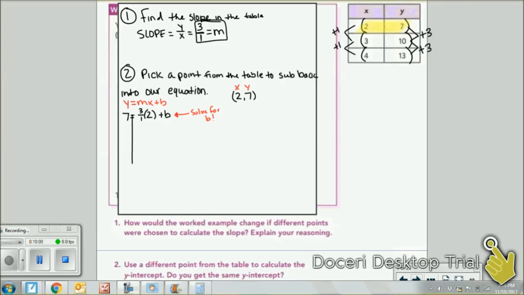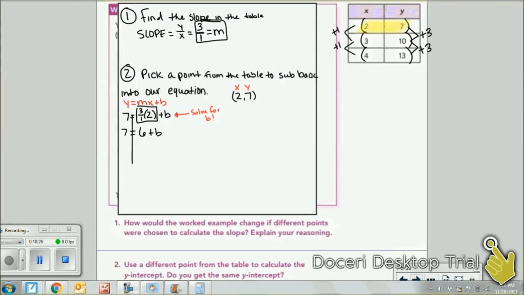So my first job is to get rid of 3 over 1 times 2. So 3 over 1 is the same as positive 3 as a whole number. So 3 times 2 is really all we're doing. So on 3, we're going to say the answer to 3 times 2. Okay? 3 times 2 equals, all right, so 3 times 2 is 6. So we have 7 equals 6 plus b.